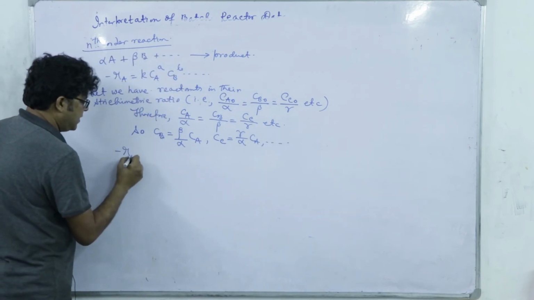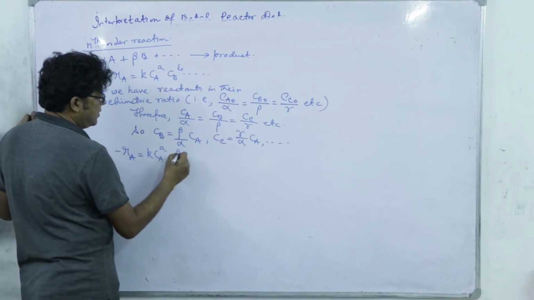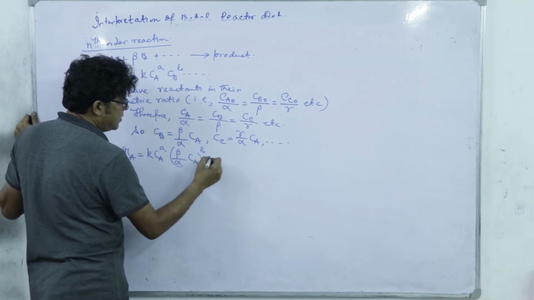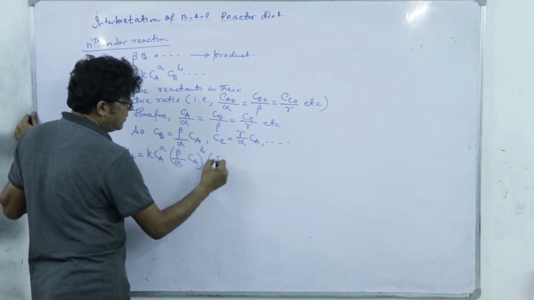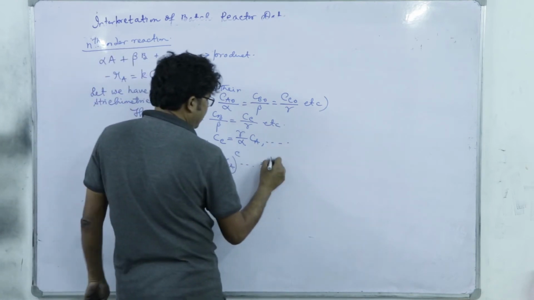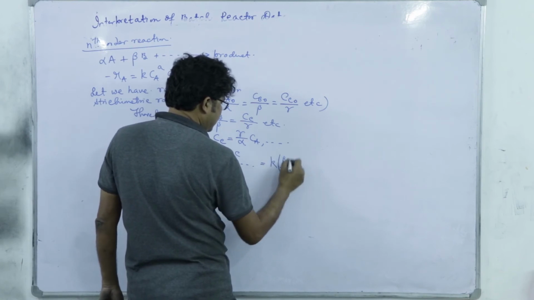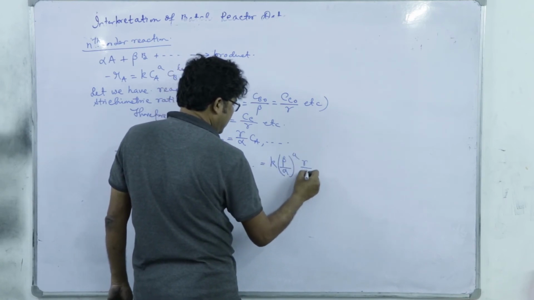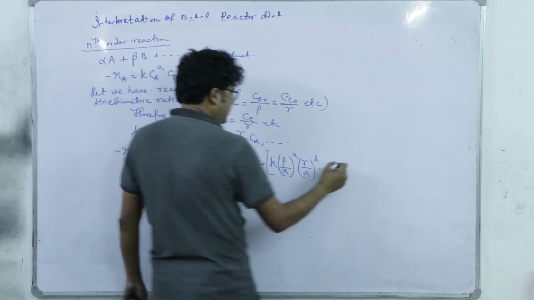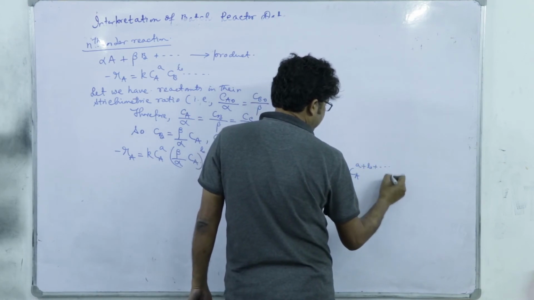So, minus Ra equal to k Ca to the power a into (beta by alpha Ca) to the power b into (gamma by alpha Ca) to the power c. So, we will have k into (beta by alpha) to the power b, (gamma by alpha) to the power c, whole bracket into this Ca to the power a plus b and so on.